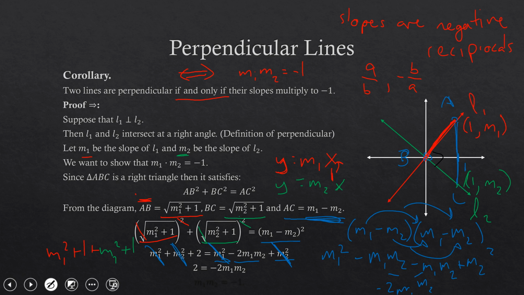And one step away, divide both sides by 2. And that gives us m1 m2 equals 2 divided by negative 2, which is negative 1. And we're done.